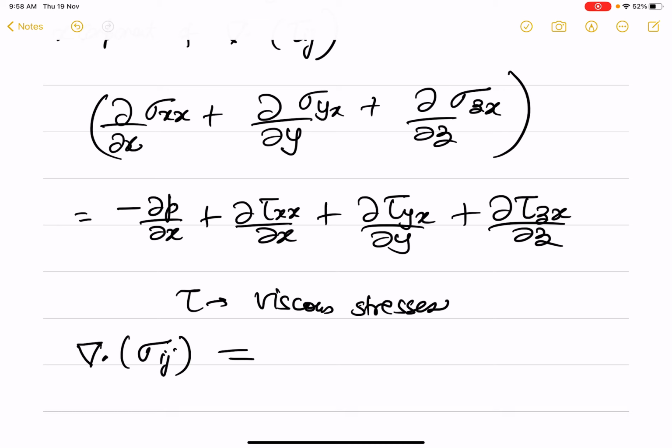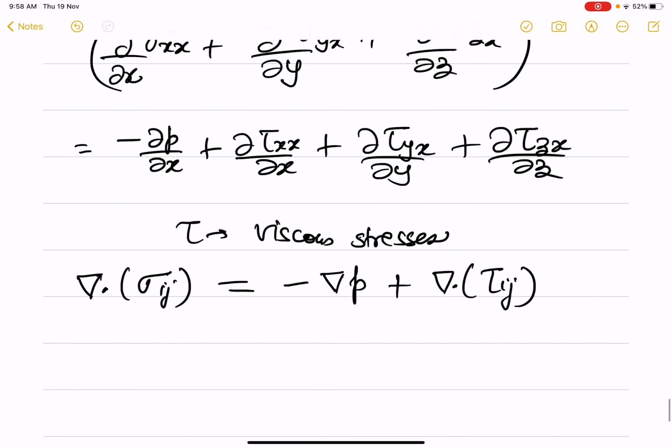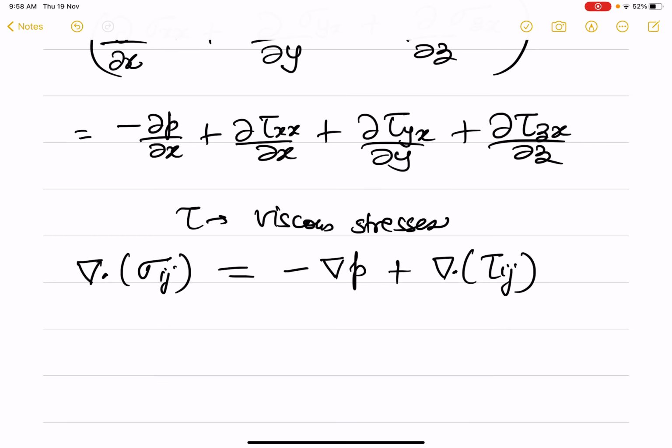So this del dot sigma ij actually becomes minus gradient of p plus divergence of tau ij, because all the other terms, these tau ij terms, are the same as the sigma ij terms. So therefore when we do this, what we get is rho times a is equal to minus grad p plus rho g plus del dot tau ij.